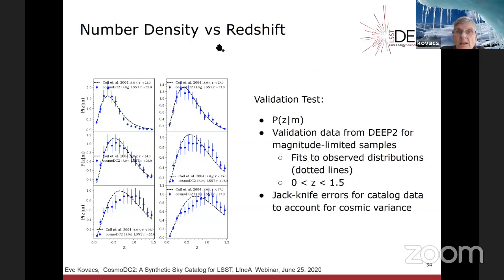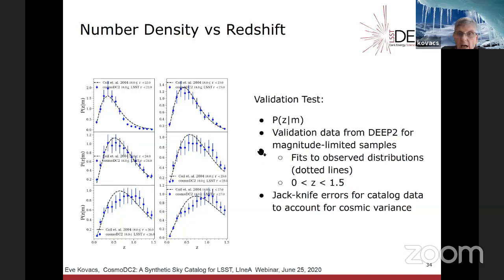Here is the number density versus redshift test. And this is as a function of different cuts on the R-band magnitude. And so it's the normalized distribution of Z given this magnitude, the conditional distribution. And the errors are jackknife errors to account for the cosmic variance.